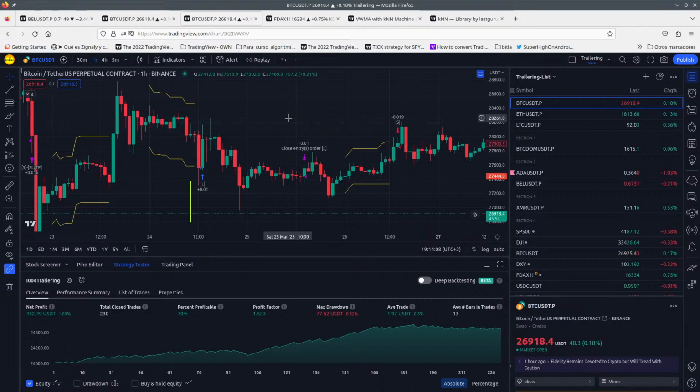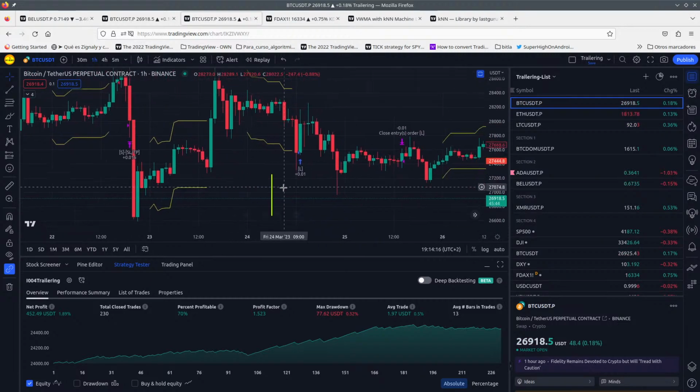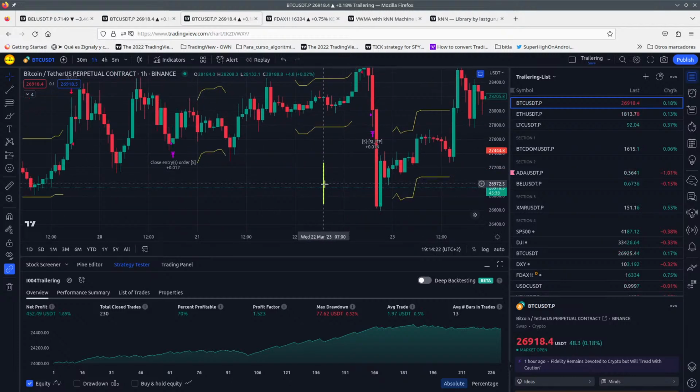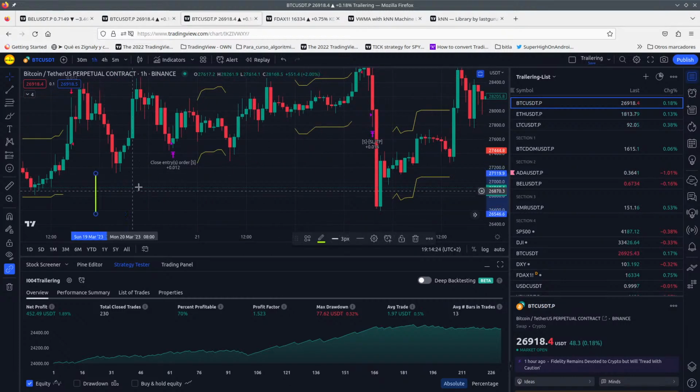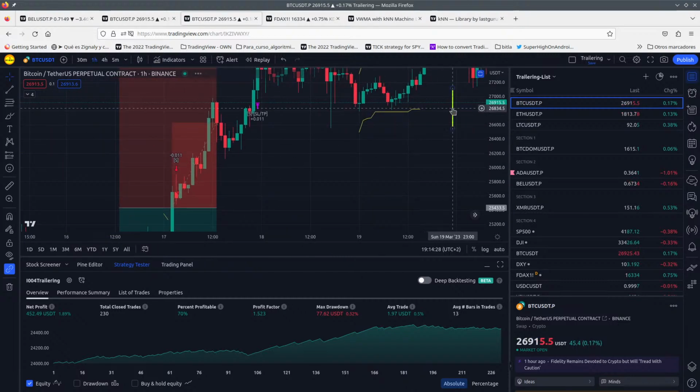Unless we try to move the take profit to 100 or something. I don't know, but then I'm not sure what will happen. Yeah, because maybe 100 is what we wanted to do in the first place.